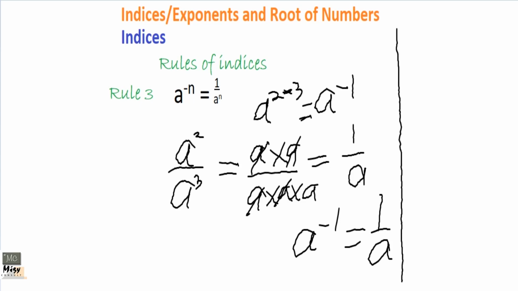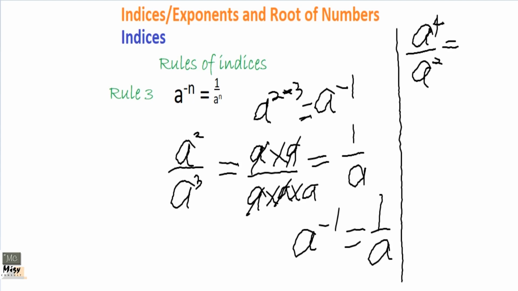Are we getting it? Let's give ourselves another example. You'll be using a combination of breaking it down and the rule to understand. So let's take A raised to the power 4 divided by A raised to the power 2.